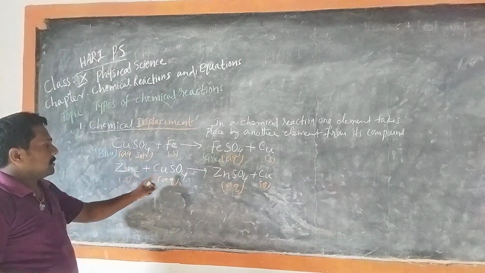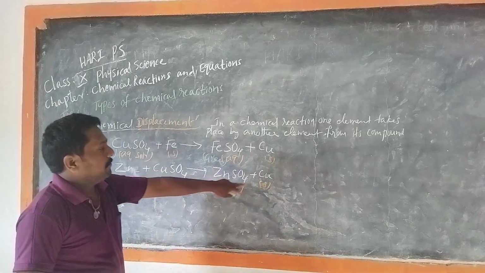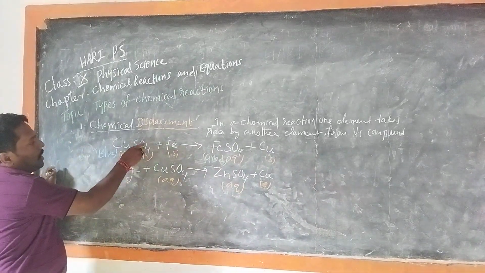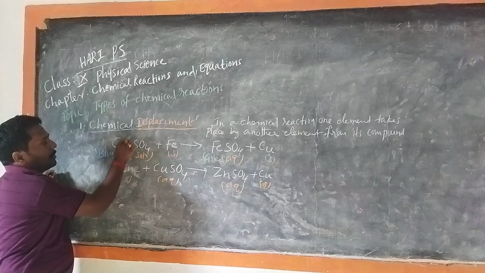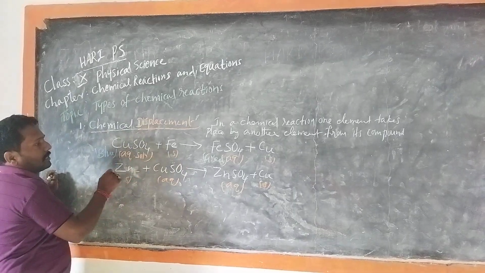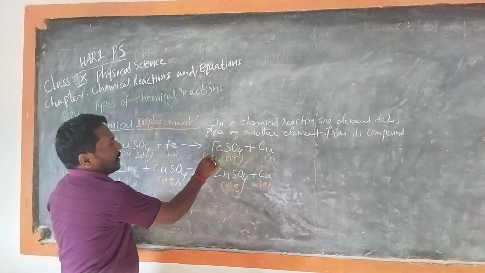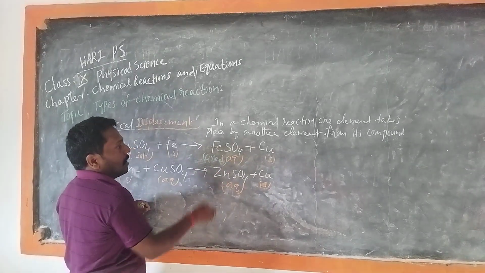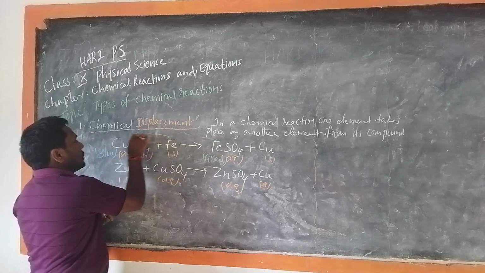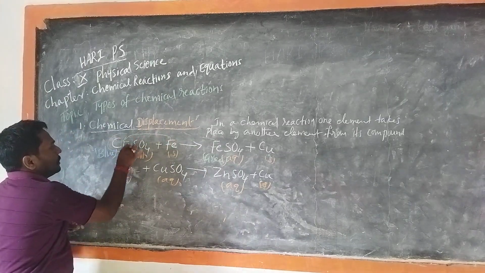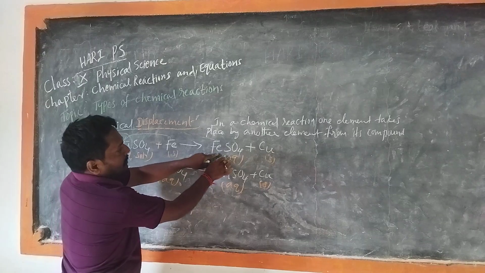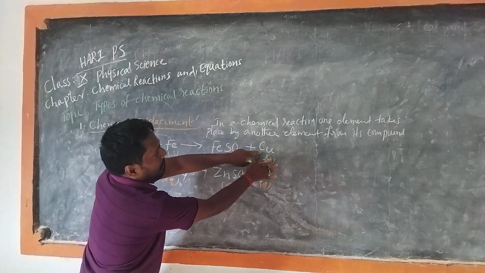So, zinc plus copper sulfate gives zinc sulfate plus copper. Observe that in this reaction copper sulfate has copper and sulfate ions. After the reaction, we have iron and sulfate. Iron sulfate means that the iron displaces the copper from its copper sulfate solution. So iron sulfate is formed and copper is formed.